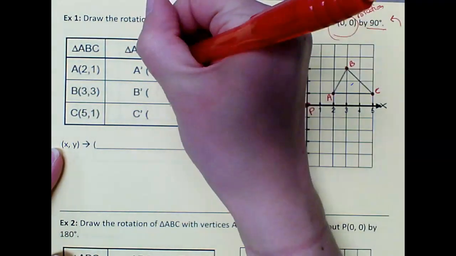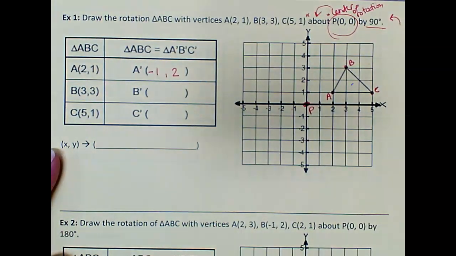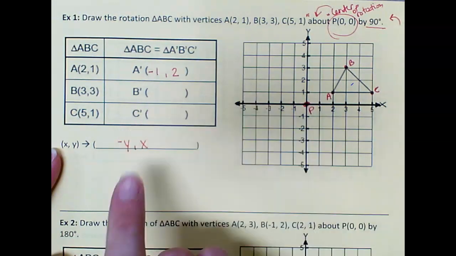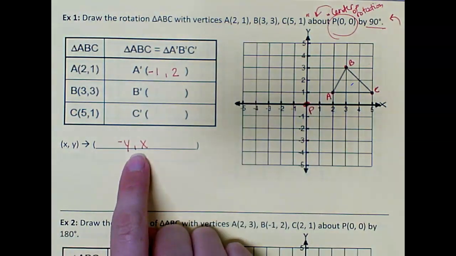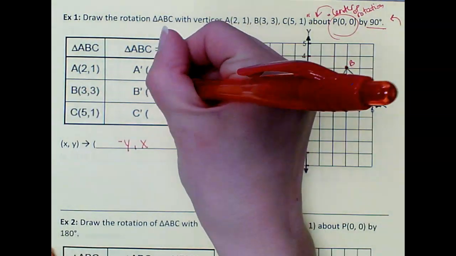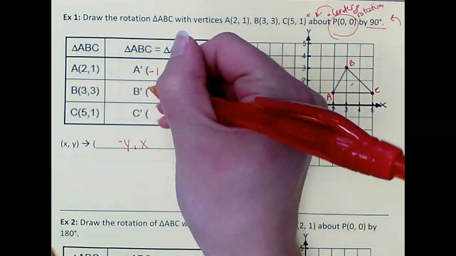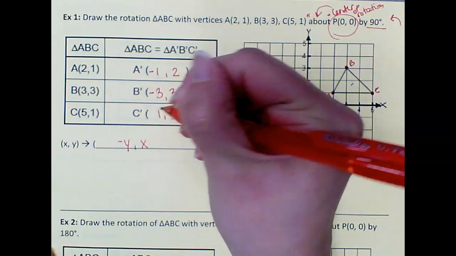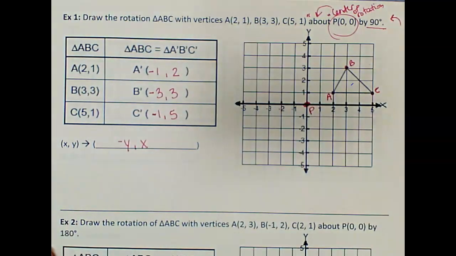And then let's make our new x value negative. Remember that we're mapping this to (negative y, x). So switching x and y and making your new x value negative. So switch 3 and 3, that really doesn't do anything, but make your x value negative. Switch 5 and 1, make your new x value negative.